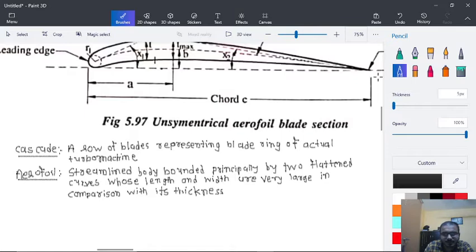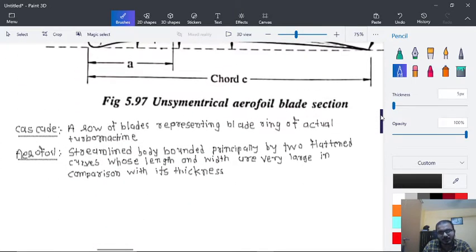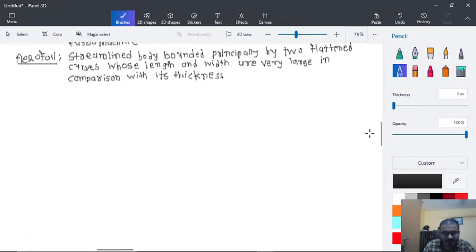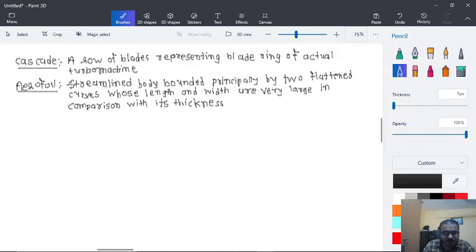And if we need to see the aerofoil in 3 dimensions, to understand this definition, it can be in this way.